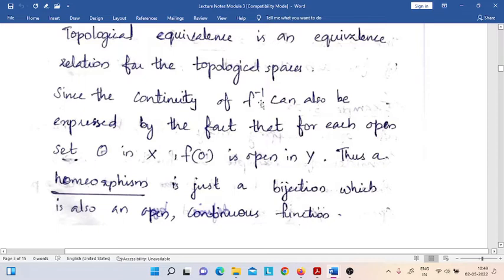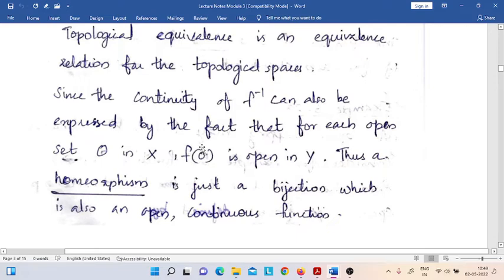But the continuity of the function f inverse is actually equivalent to the statement that for any open set O in X, f(O) is open in Y. That is, it's equivalent to the fact that f is an open mapping.